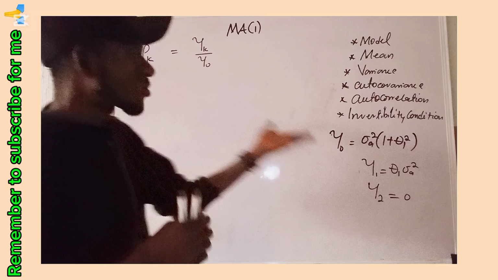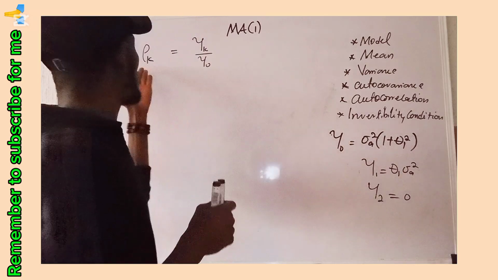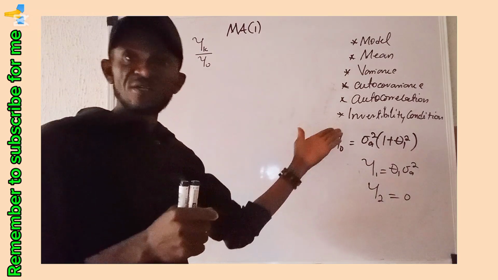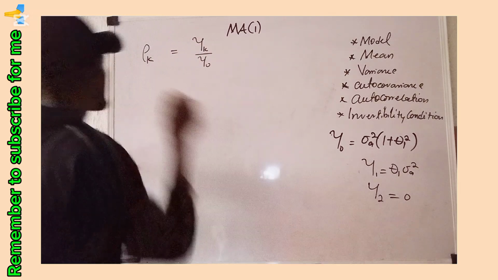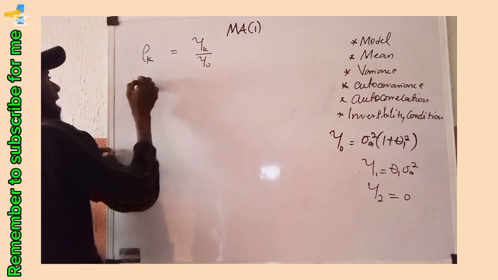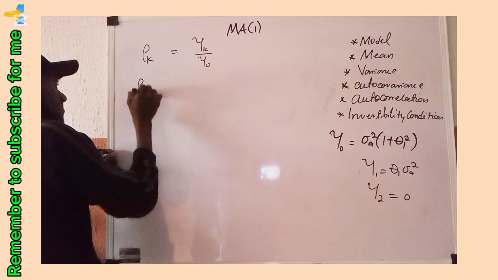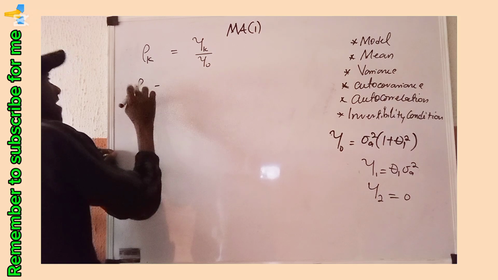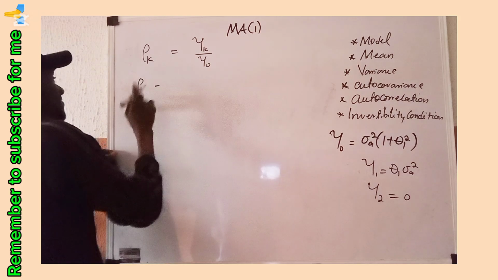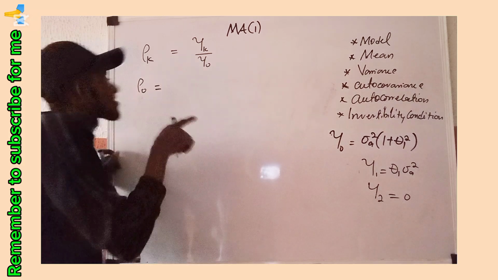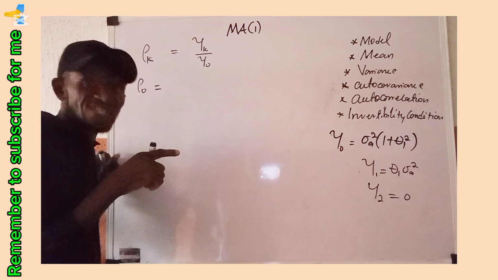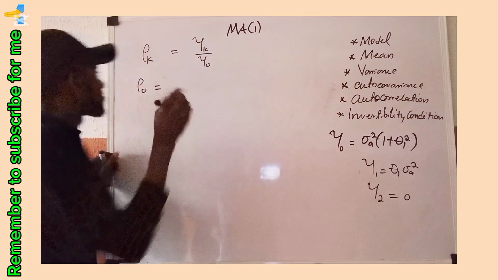Where of course our gamma 0 is what we call the variance. So if I want to find the autocorrelation now of the MA of order 1, let me even start from rho 0 and show you something. This is rho 0, autocorrelation at lag 0, that is when k is equal to 0.